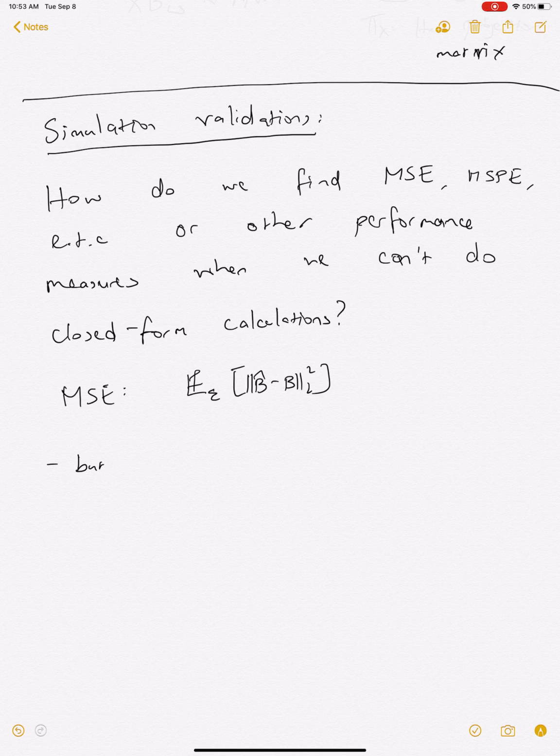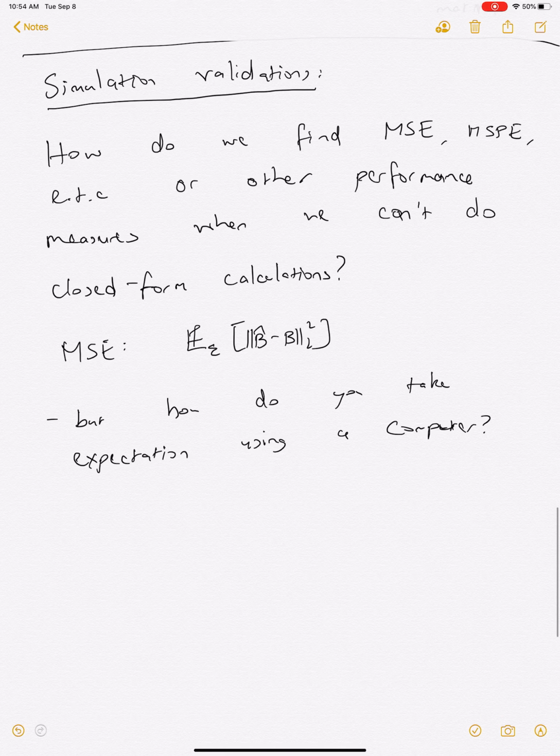But how do you take the expectation using a computer instead?